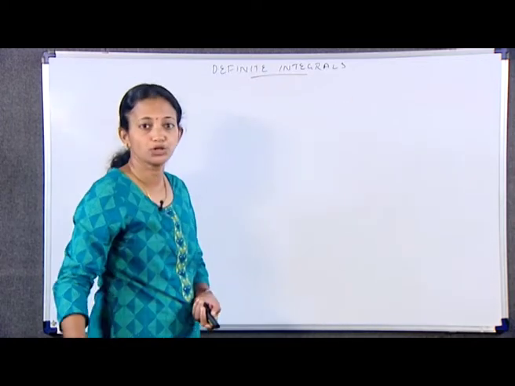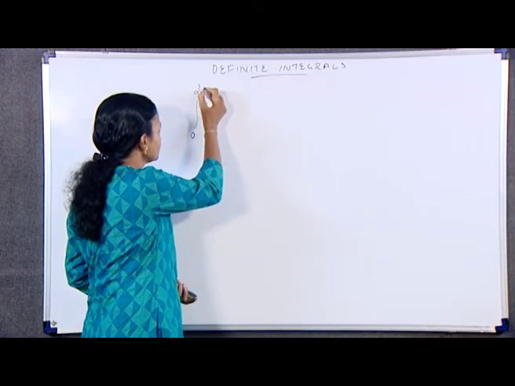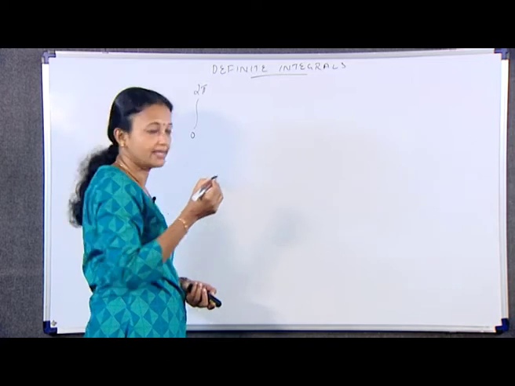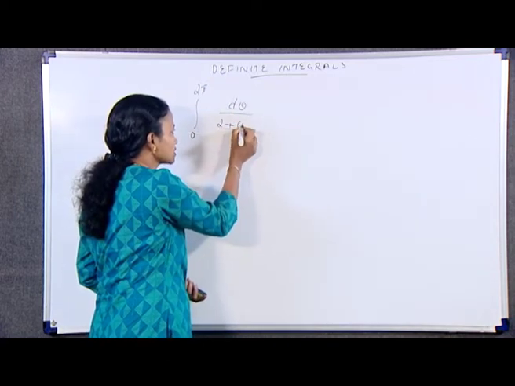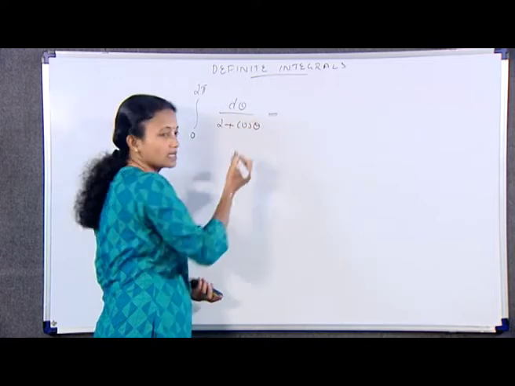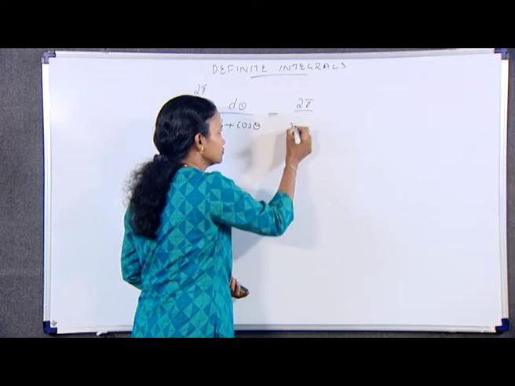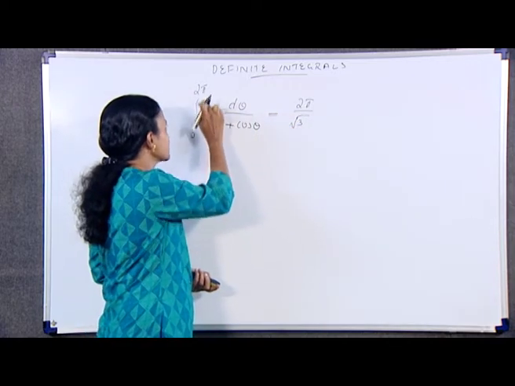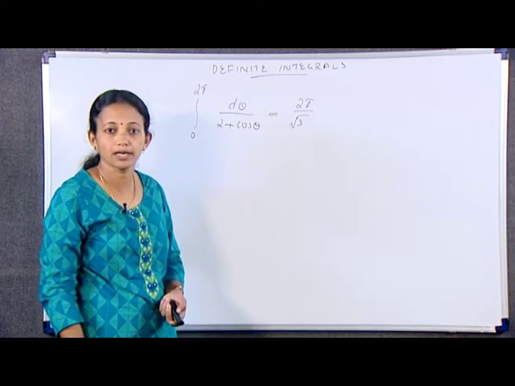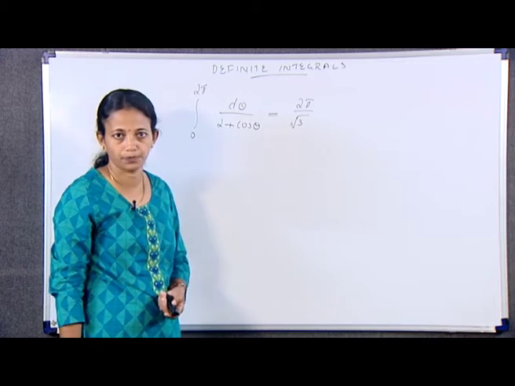First one, show that integral 0 to 2 pi d theta by 2 plus cos theta is equal to 2 pi by root 3. That is, we have to evaluate integral 0 to 2 pi d theta by 2 plus cos theta is equal to 2 pi by root 3.